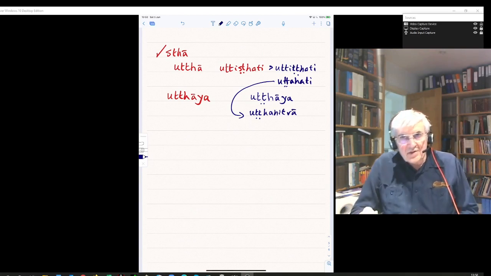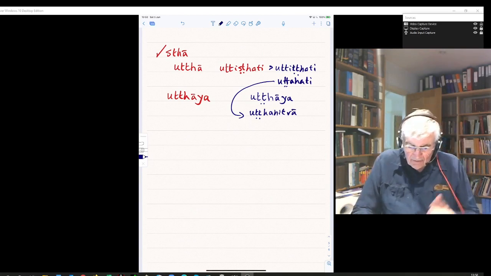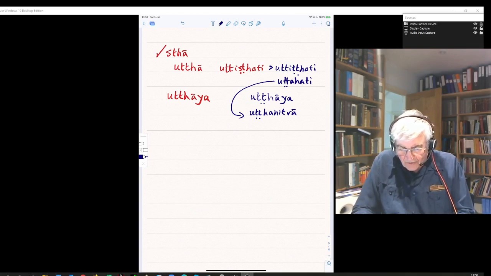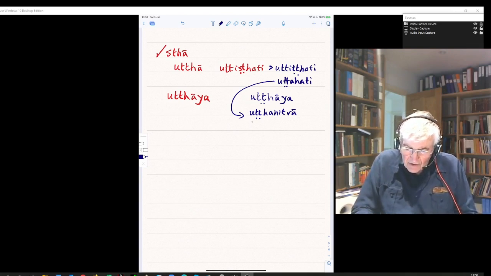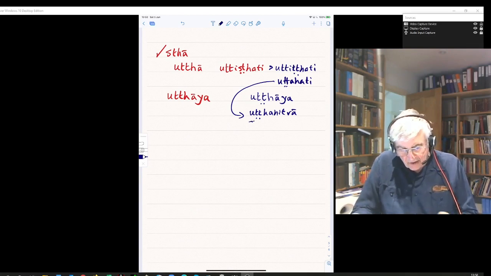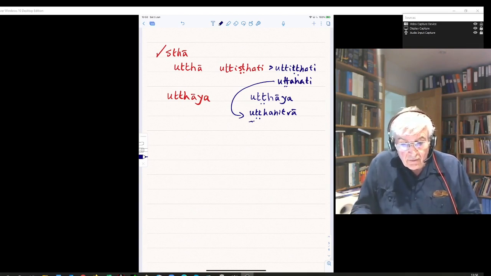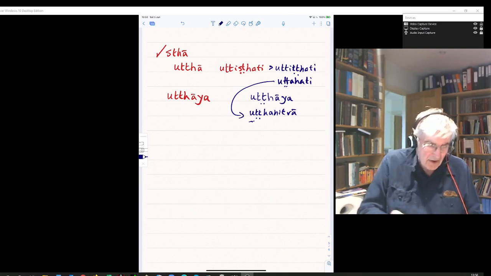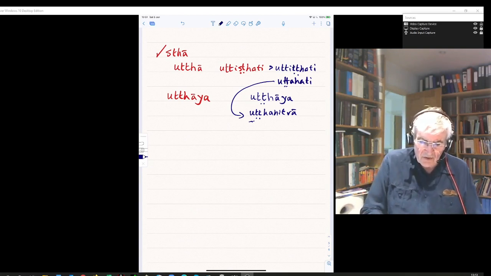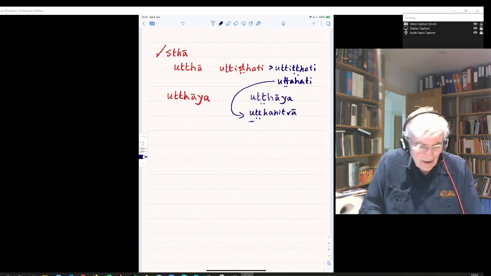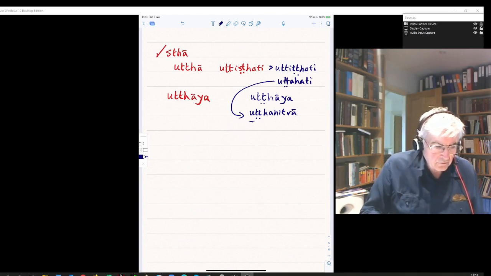Again, that would be doubly wrong in Sanskrit. Firstly, because you can't have the twa if there's a verbal prefix, the ut. And secondly, wrong because you can't form your absolutive from the present stem. It has to be done off the base. So there's utta, uttaya in Sanskrit.